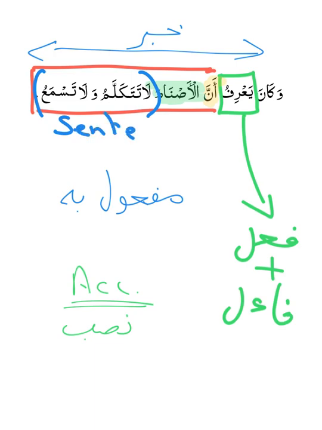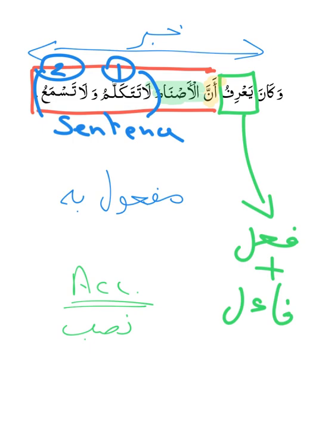It's a complete sentence, because all verbs, remember one thing, all verbs are sentences. Daraba, darabu, kasara, kasaru, jalasa. Every one of them is a sentence. So we have got here sentence number 1, which is la tatakallamu, and sentence number 2, la tasma'u.